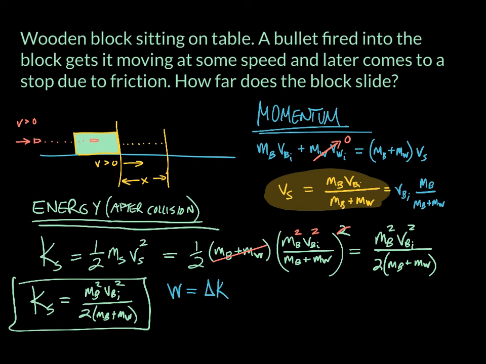And then its kinetic energy is going to change. It's going to go to 0 because friction will do work. There will be a force of friction exerted over the distance that friction does work, bringing this initial kinetic energy of some amount, slowing it down until it stops.